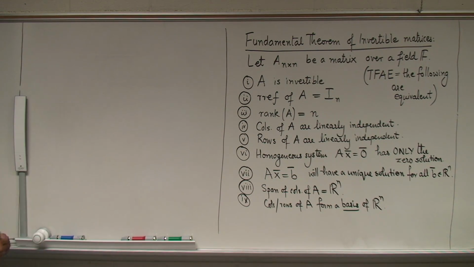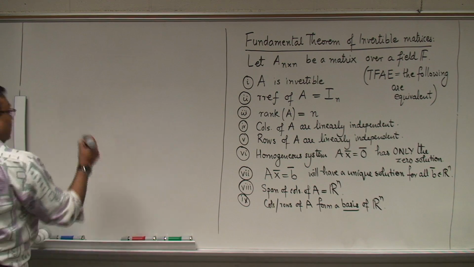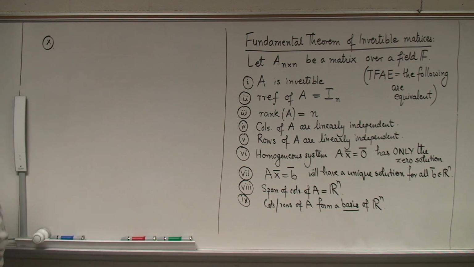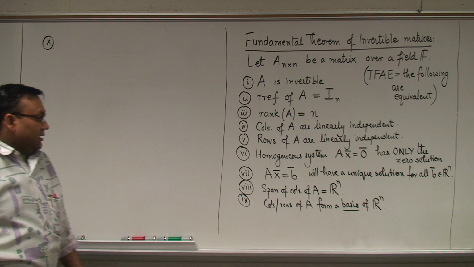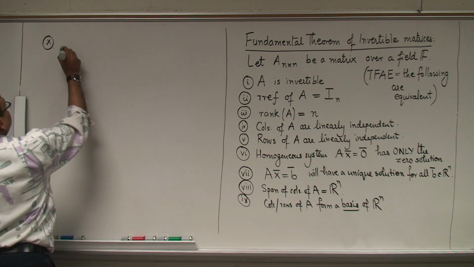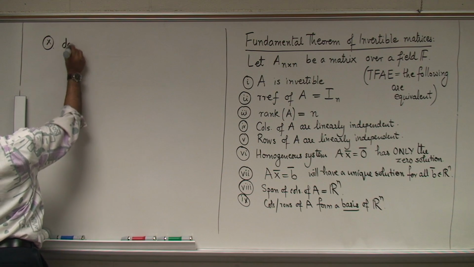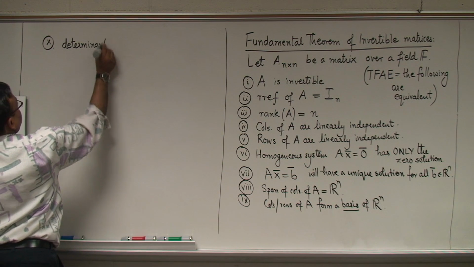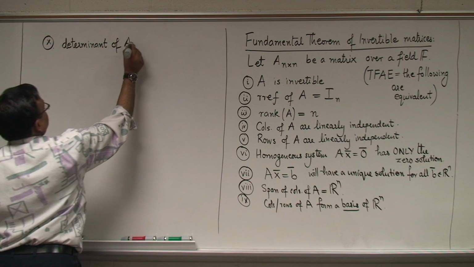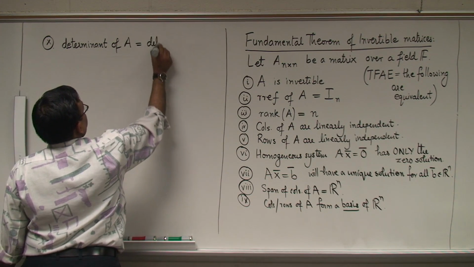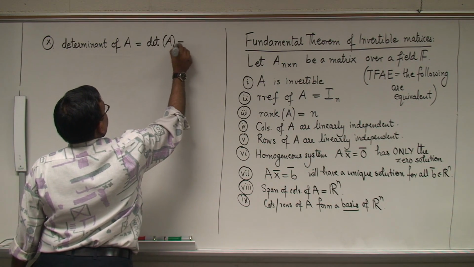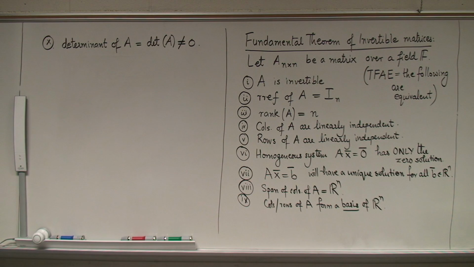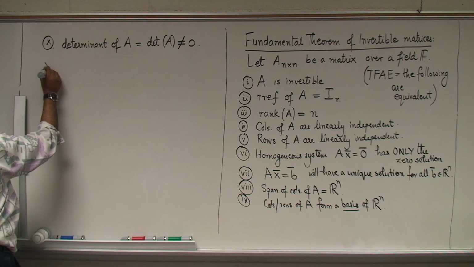Okay. Now, what else can I claim out of what we have already done so far? There is one more thing which I am going to write. Again, it may not make sense at this moment. The determinant of the matrix A. So we may not know what determinant is right now, but determinant of the matrix A would be not 0 if A is invertible.